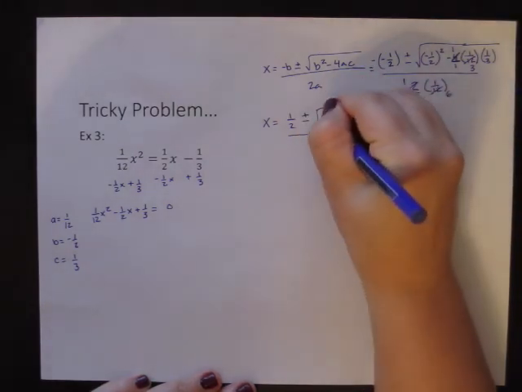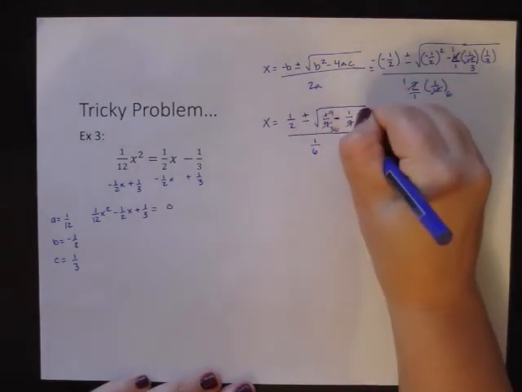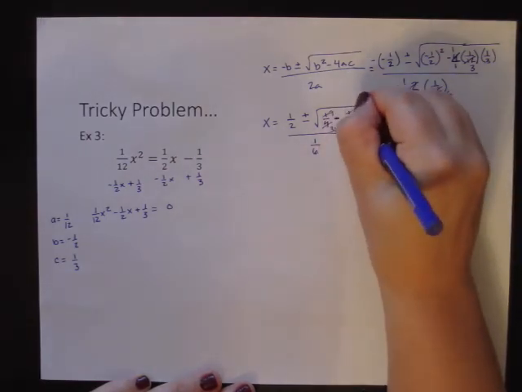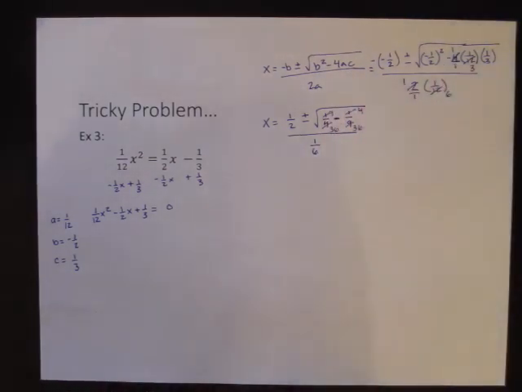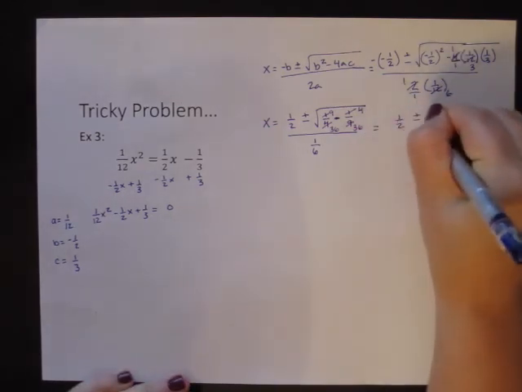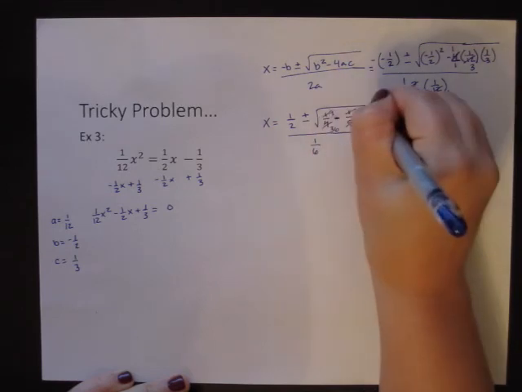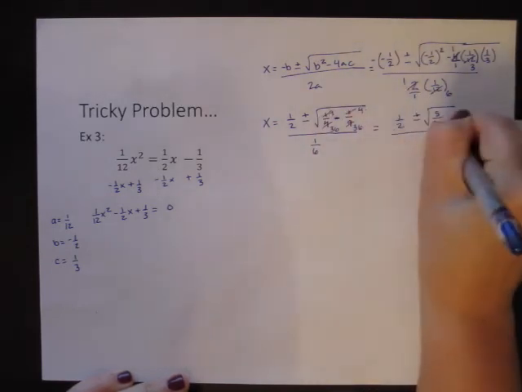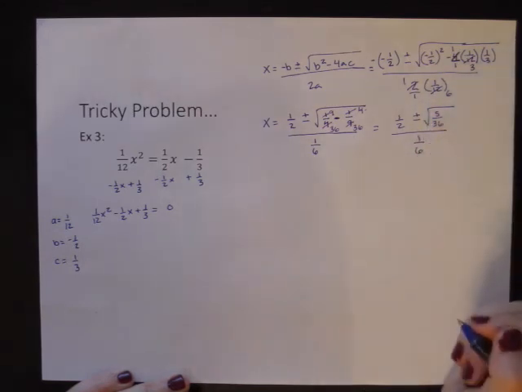That would be 9. 36 would be 4. So 4 times 1. So essentially I have 1/2 plus or minus the square root. 4 minus 9 is 5. So 5/36 divided by 1/6.